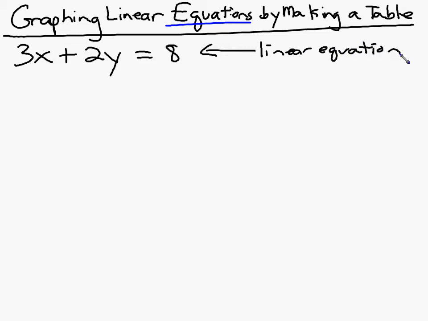If it has an x and a y, both to the first power, in the equation, we call it a linear equation. This relates to a line. That equation, when I graph it, will always give me the graph of a straight line.